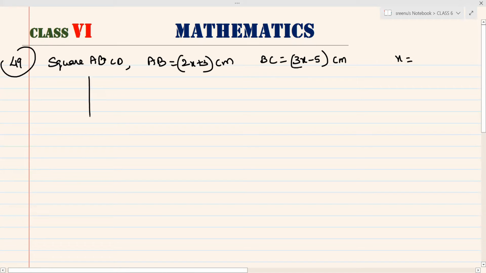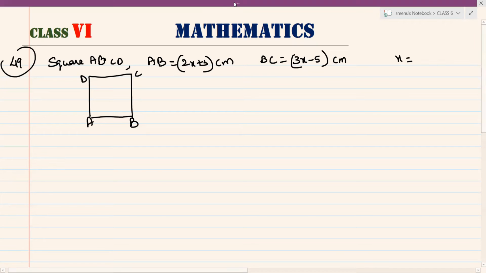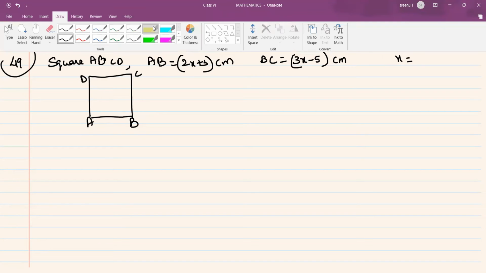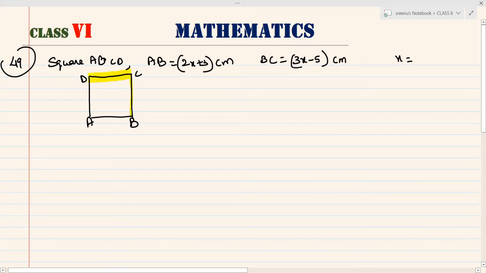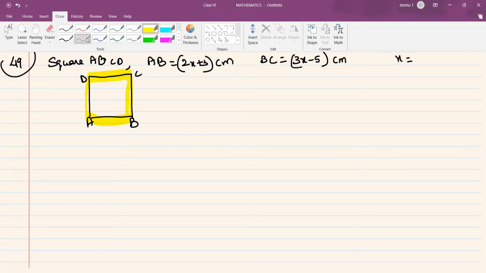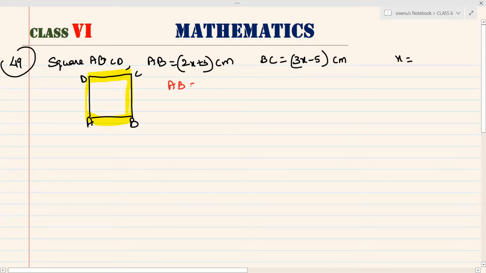So draw a square here and make it as ABCD. So what is the square rule? Yes, all the adjacent sides are equal. These all are equal. That means the length of the side AB is equal to the length of the side BC. So let me take 2x plus 3 is equal to 3x minus 5.